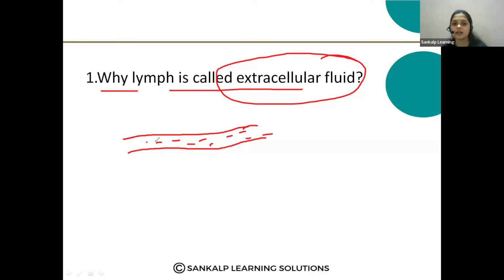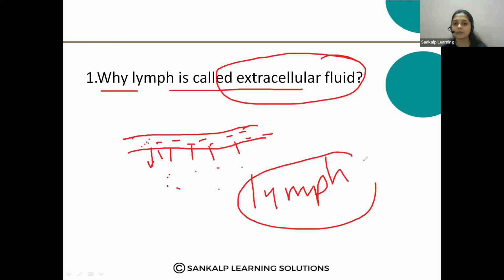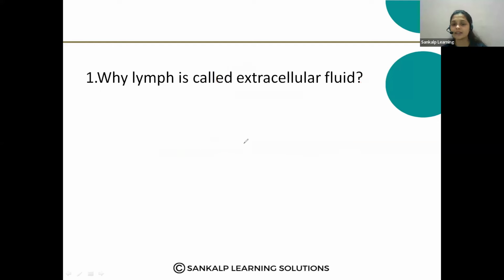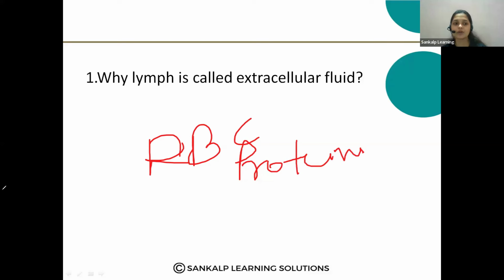Some constituents of the blood drain out from these capillaries, and that is called lymph. If some components of the blood drain out from any capillary and form a fluid, that is called lymph. It contains protein, but it lacks what? RBC is not present in the lymph. Just for your knowledge, RBC will not be there in the lymph.